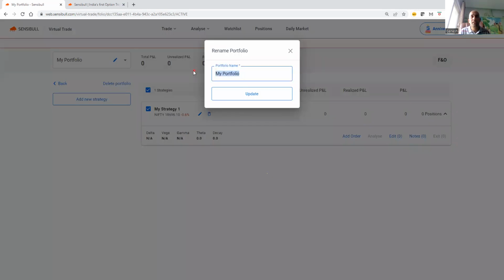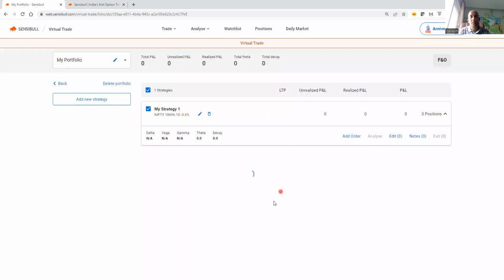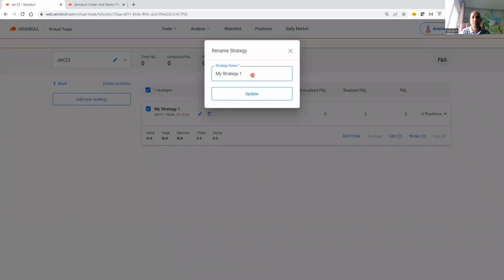Suppose I want to track January 23. I want to make this month a separate portfolio. So whatever trades I take for the January expiry, each strategy-wise you can track. Suppose this is one strategy. You can take TCS.